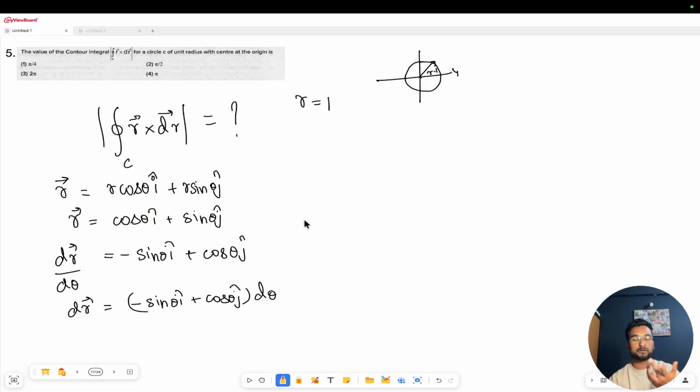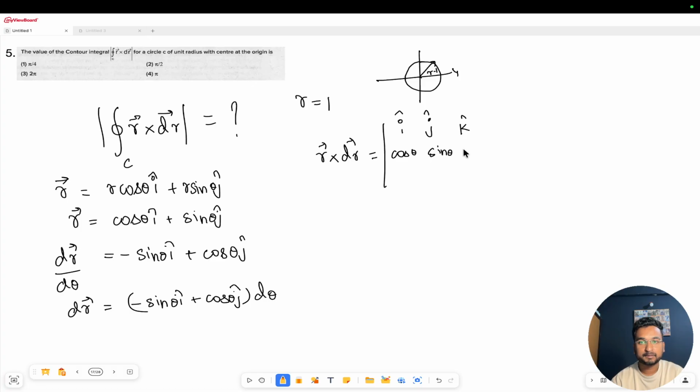So if you solve further, you first take the cross product. So r cross dr, what will this be? How do you take a cross product? i cap, j cap and k cap. What are the components of the r vector? In i cap it is cos theta, here it is sin theta, and k is 0.